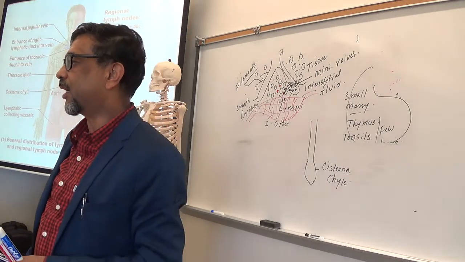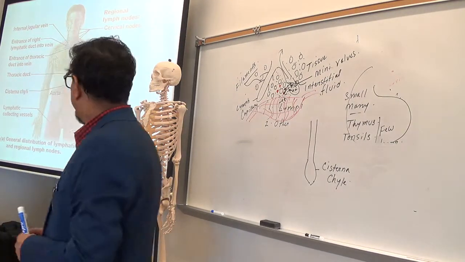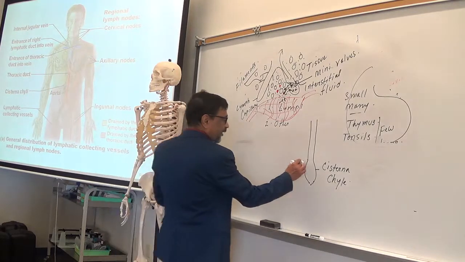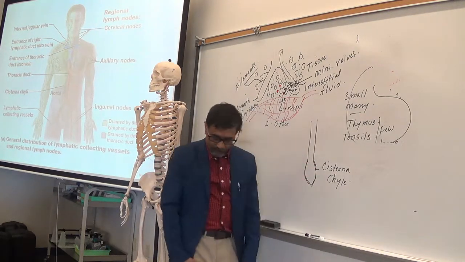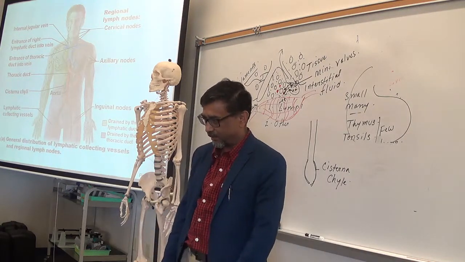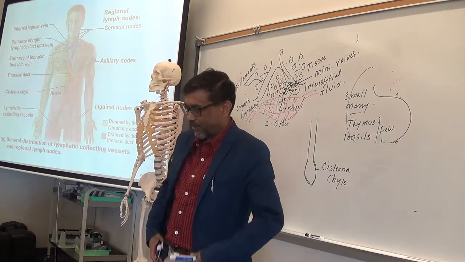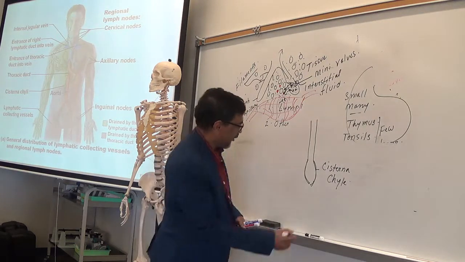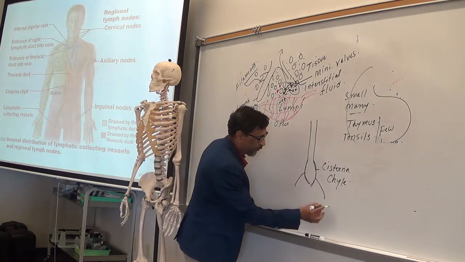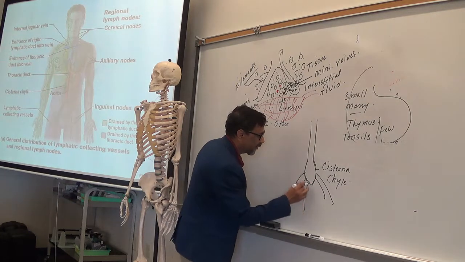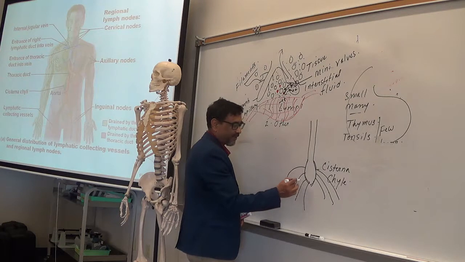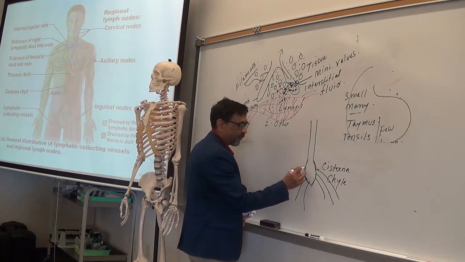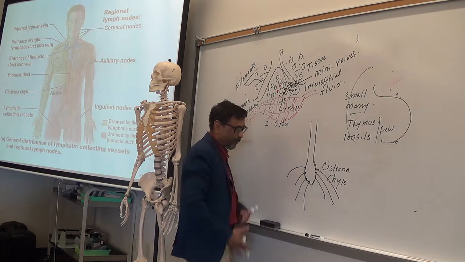Cisterna chyli. And why is this lower end wider? Because from the lower part of your body, like the lower limbs, lymph enters into the cisterna chyli. So several lymphatic vessels give the lymph, that fluid, here. So it is collecting fluid from the lower part of the body.